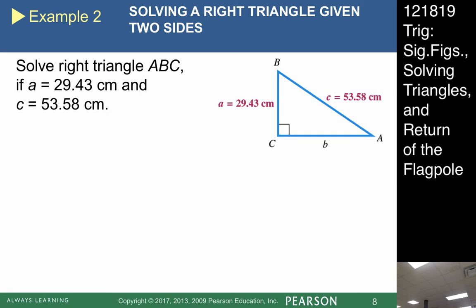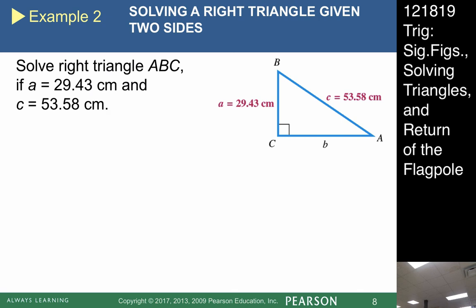What else could we do? We've got 4 ways of solving this so far. There's a lot more, relating to sine and cosine and tangent. Couldn't you do all of the opposite ones? Yep. So we could do cosecant of 56.7 equals 53.58 over b.